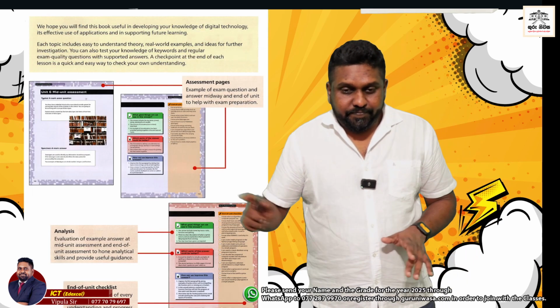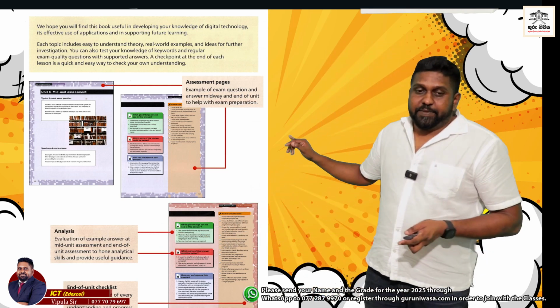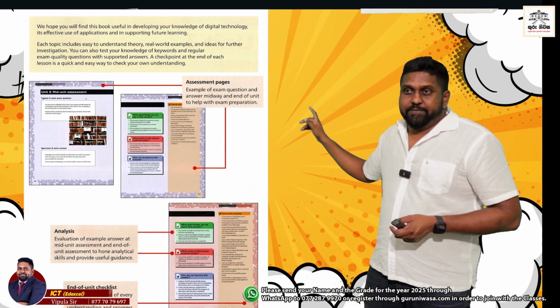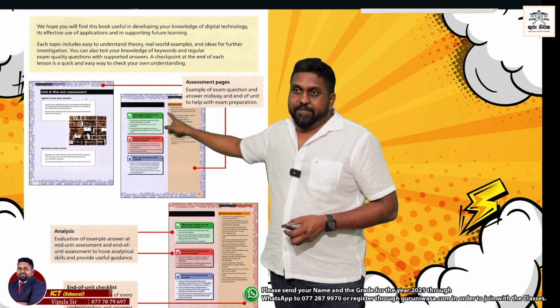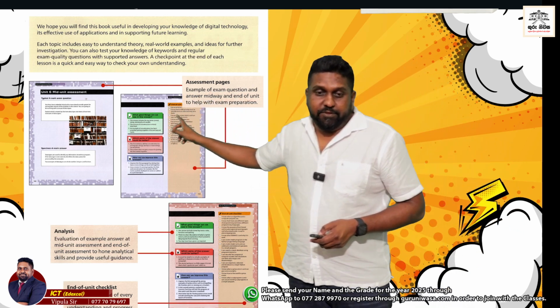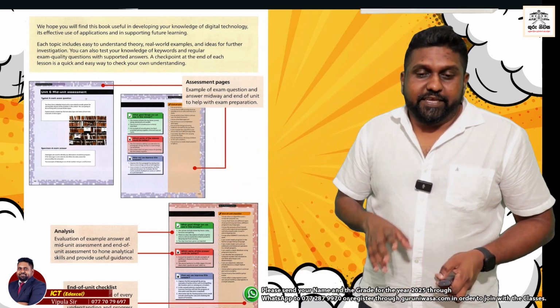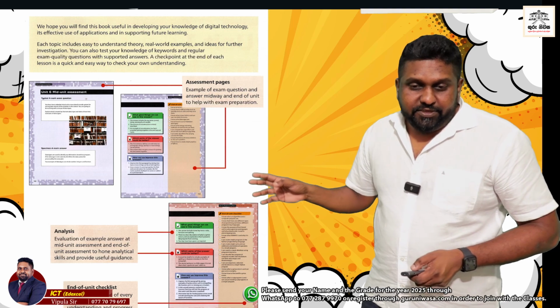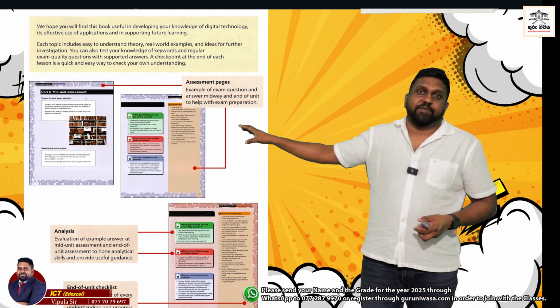Then you get 2 pages. Now in these pages, the colored part, these are assessment pages. There you will get some exam questions and answers in the midway of units.